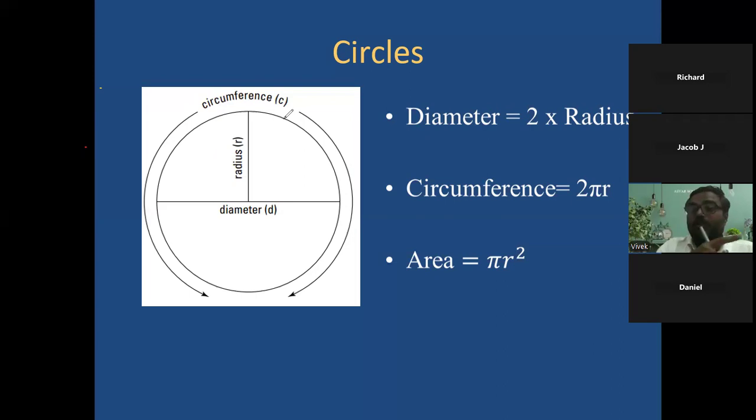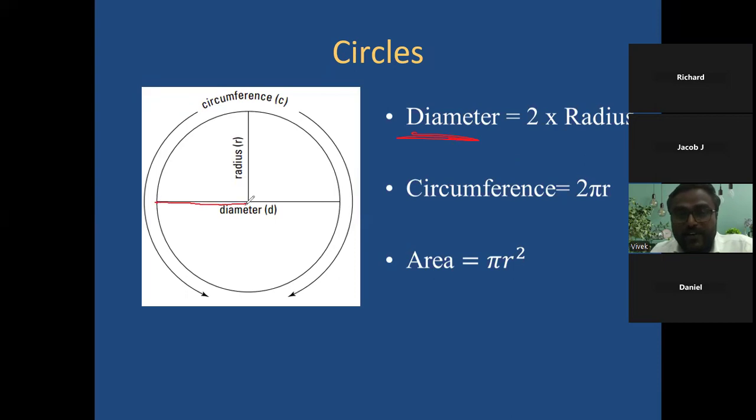When we walk along the outer border of any particular shape, we were calling it perimeter in polygons. But in a circle, we will be calling it circumference. So if you start walking from this point and come back again to that point, you have covered the distance equal to the circumference of the circle. So please note these points down.